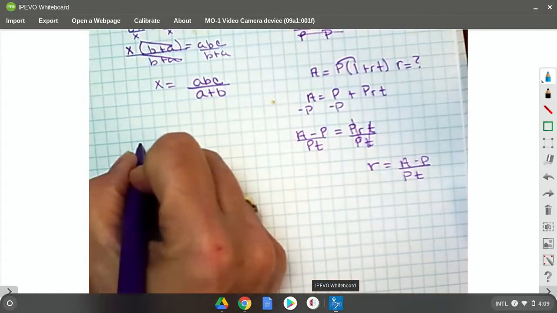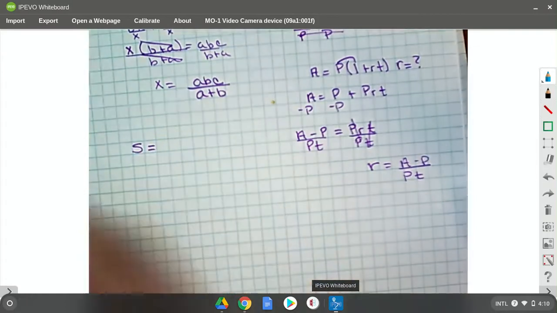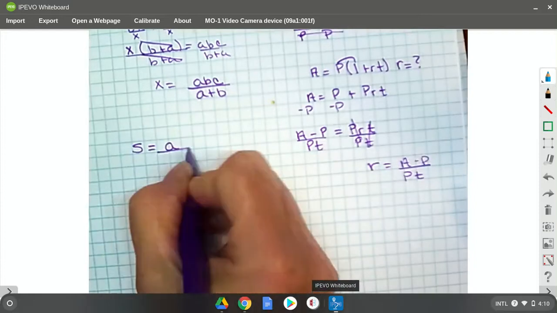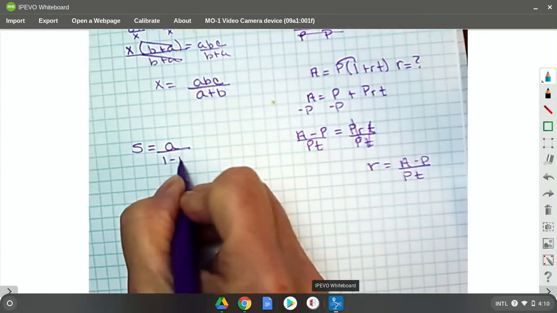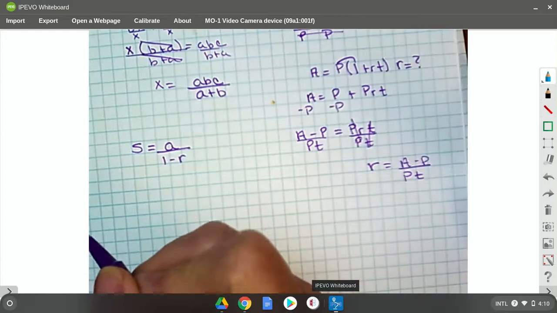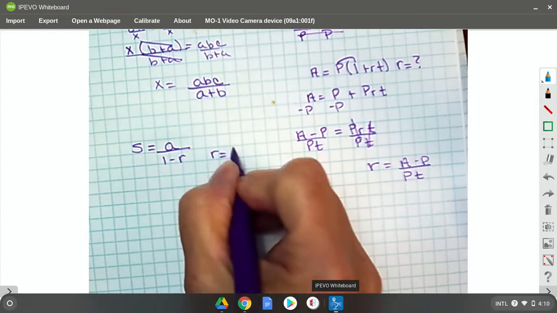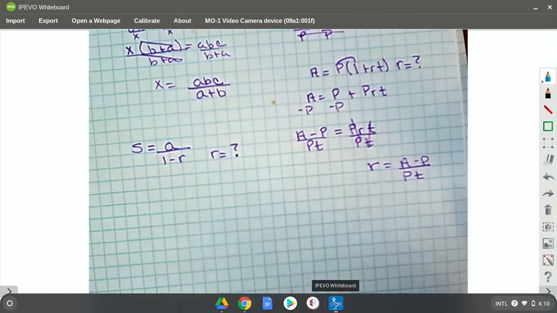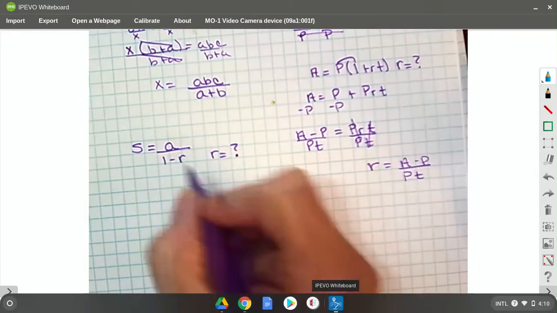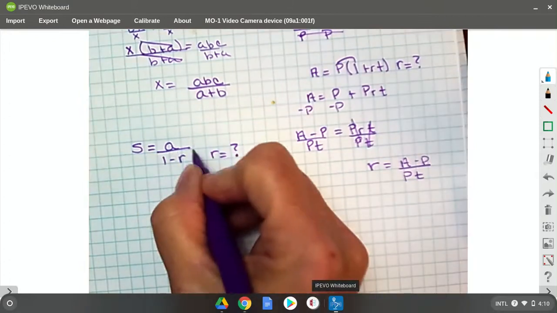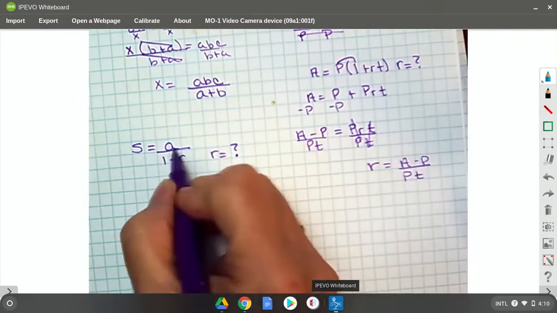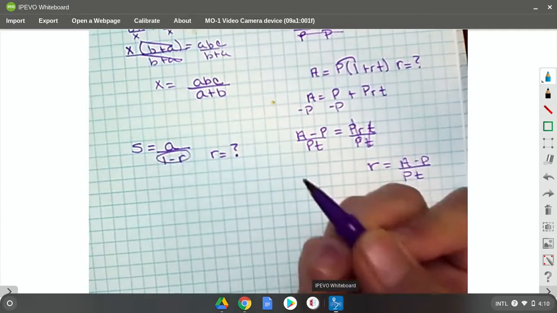One more. How about if I have S is equal to A over 1 minus R, and I am looking for that R. What does that R equal? Just like any rational equation, I'm going to start by multiplying both sides by whatever this is in the denominator.